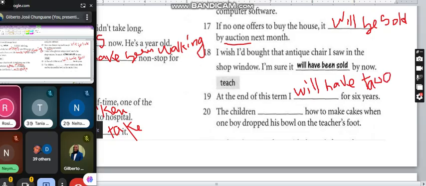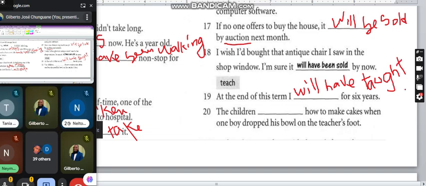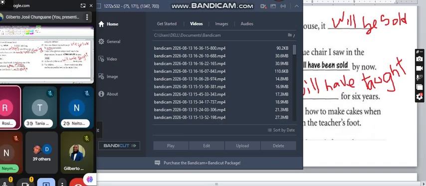I chose past continuous passive because it is describing an action which is in progress.